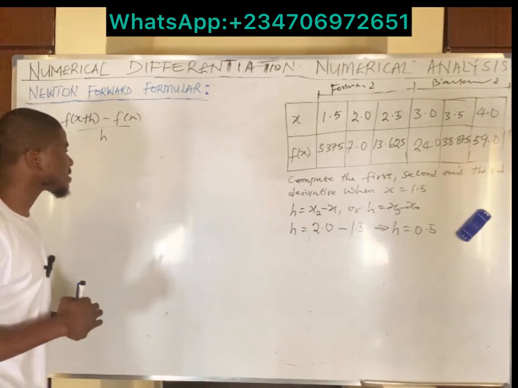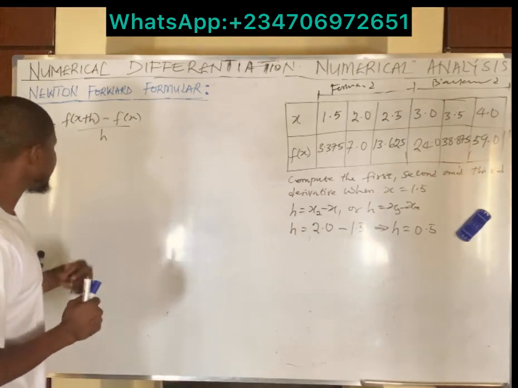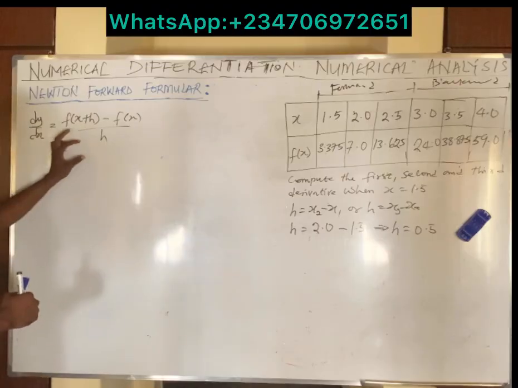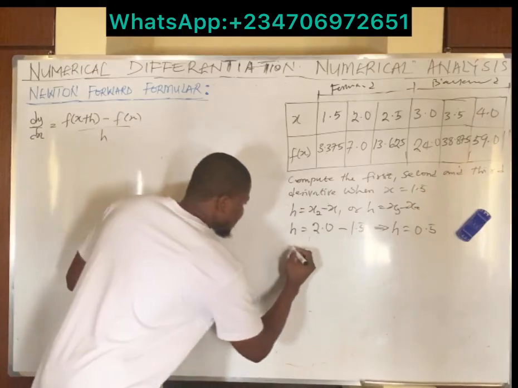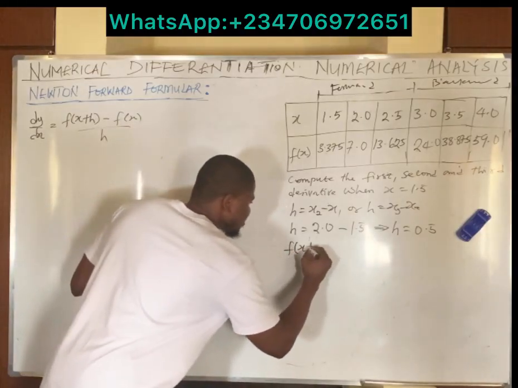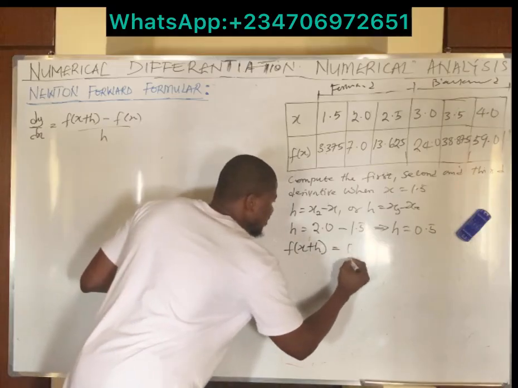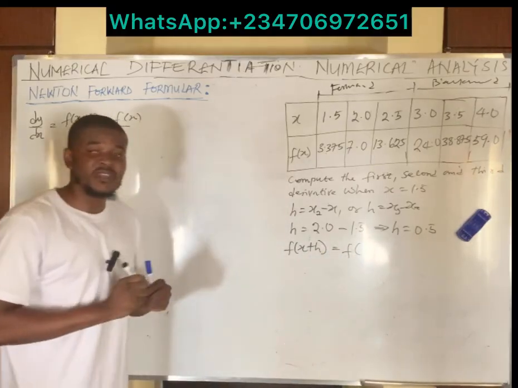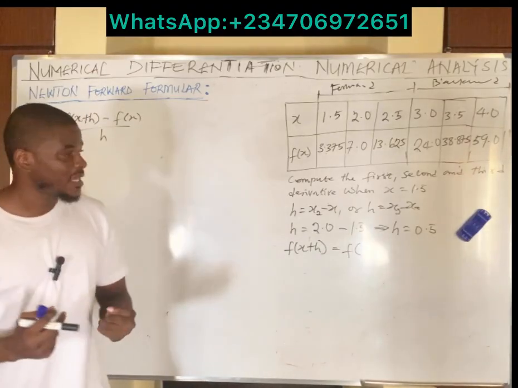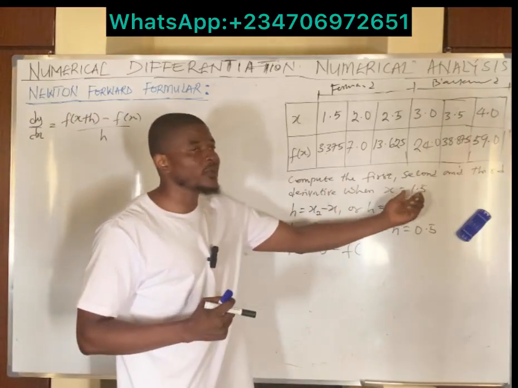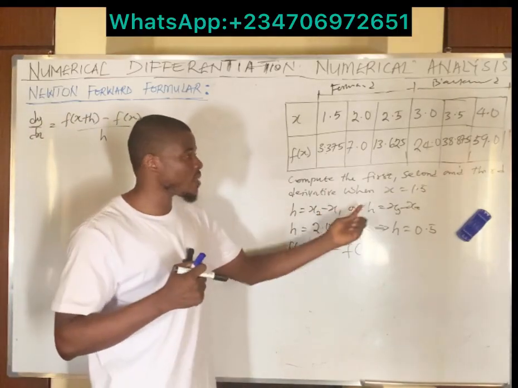All right, now that we found the value of h, the next thing to find from the formula is f of x plus h. Here, x simply means the point of interest, what we are being told to approximate the derivative about. From the question, we have to find the first derivative when x is 1.5.